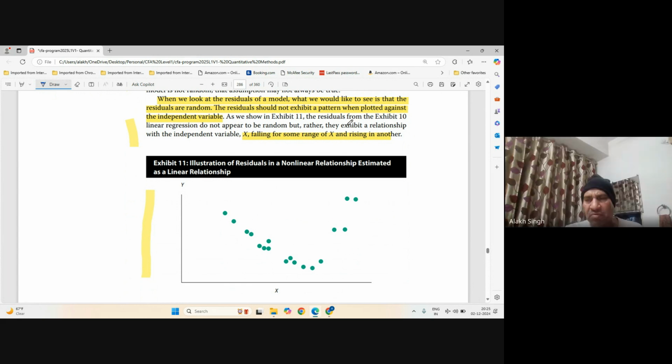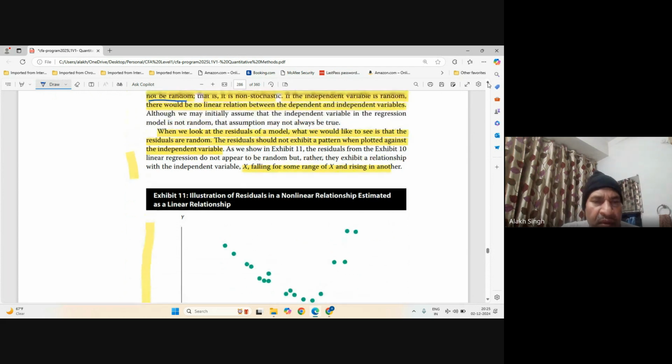So first thing about linearity, you will learn that x variables are non-random, and if they become random, then the regression won't be linear. So if we are studying any linear regression, then the x variables have to be non-stochastic, systematic, increasing that way. Only the error terms are random.